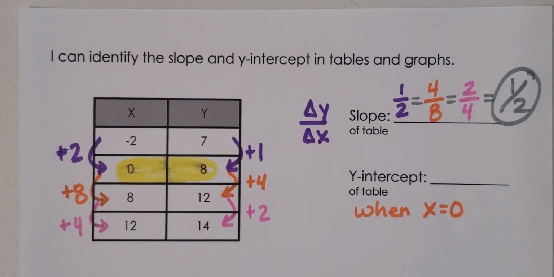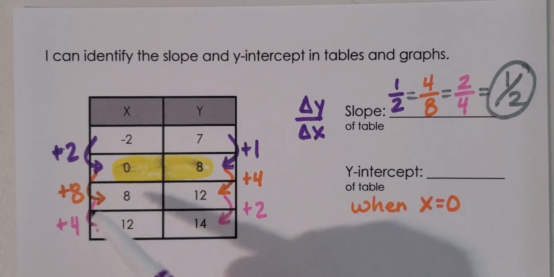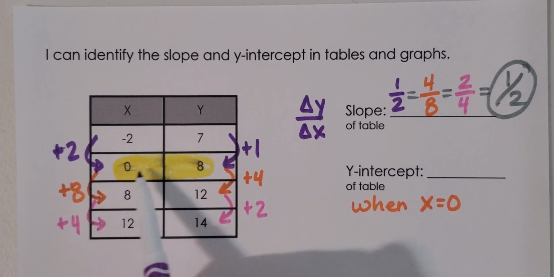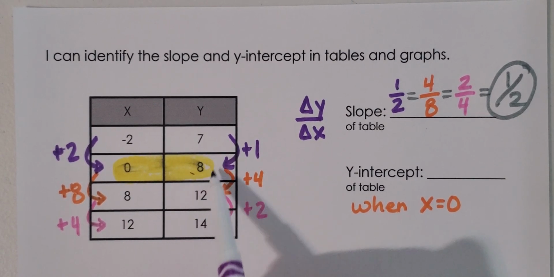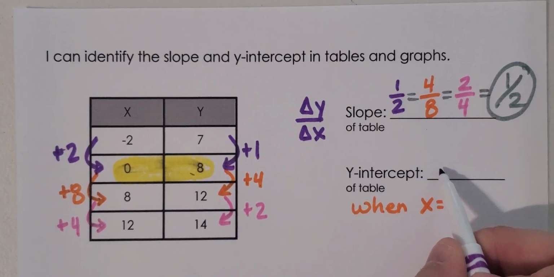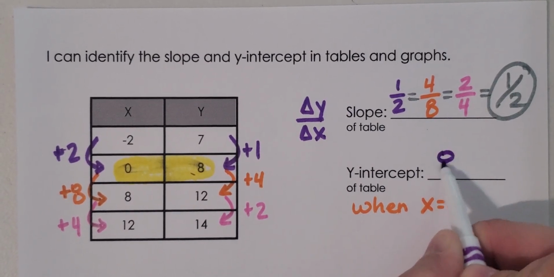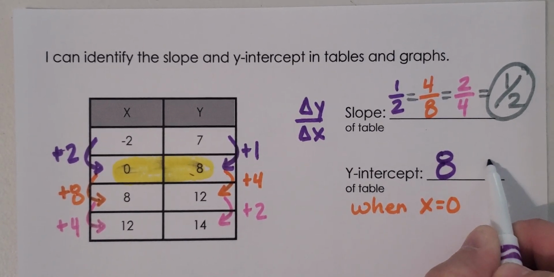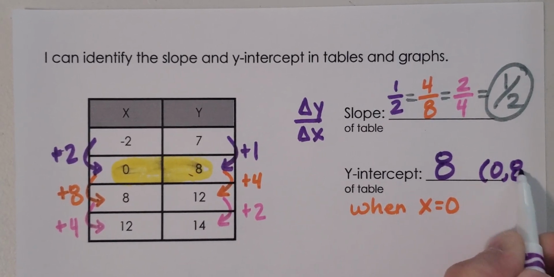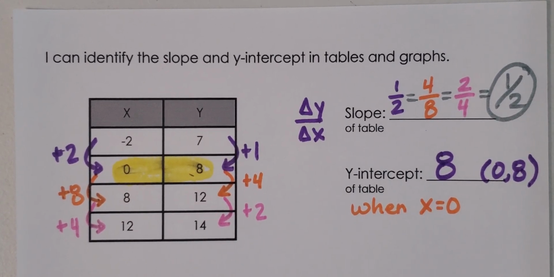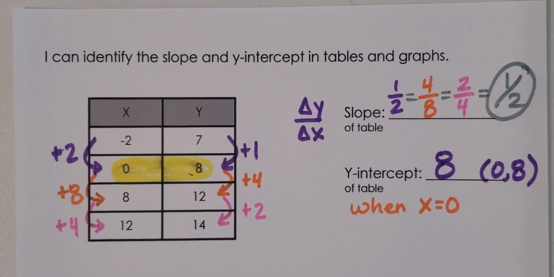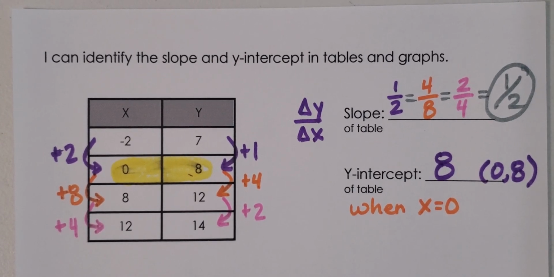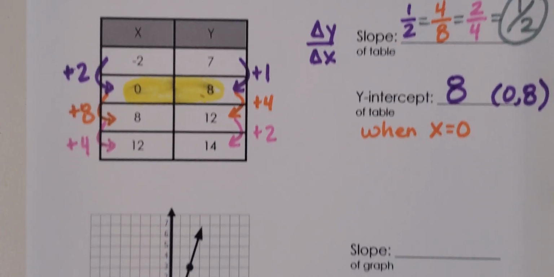I only actually need the y value. I already know that x is 0. I need to know what this number is in my y column. So my y-intercept is at 8, which really just means at (0, 8) on the y-axis. At that point, that's where the line would cross the graph.